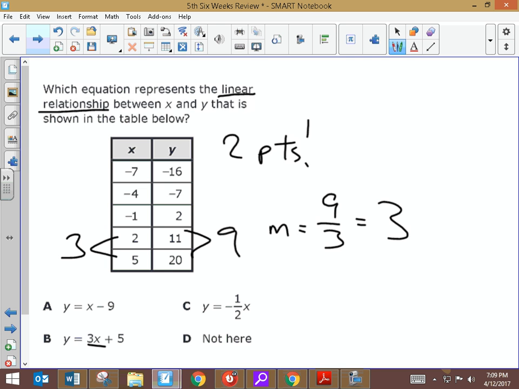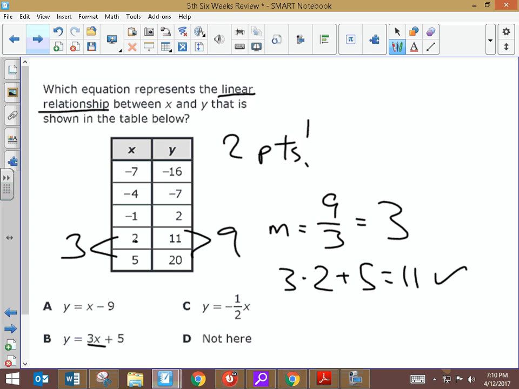Okay, so what I can do is, well, we can just check it out and see. If I put 3 times 2 plus 5, will that give me 11? Well, 3 times 2 is 6. 6 plus 5 is 11. That works.